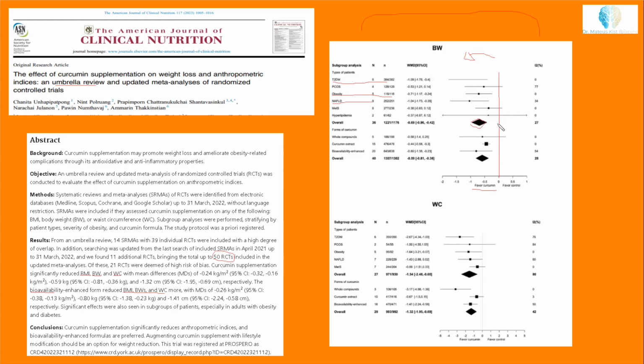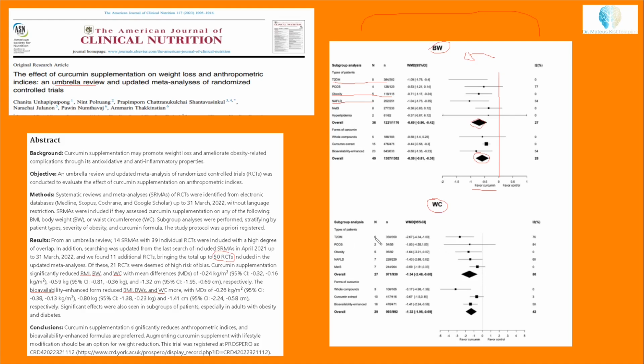If the diamond touches the vertical line, we say that the result of the meta-analysis was not statistically significant. But since these two diamonds over here don't touch the vertical line, we say that the meta-analysis favored curcumin and the result was statistically significant. These two diamonds were regarding body weight. Here we have waist circumference, and we had the same thing.